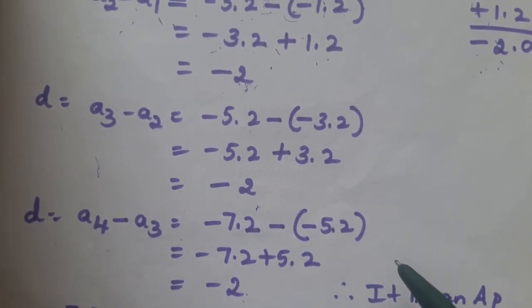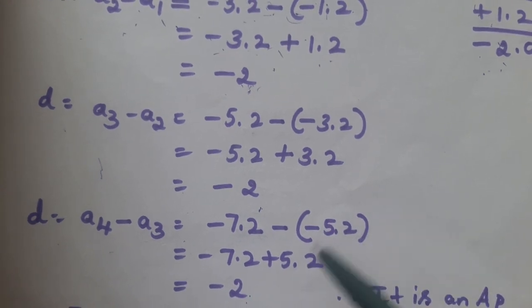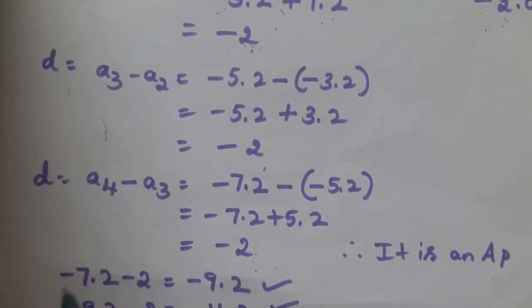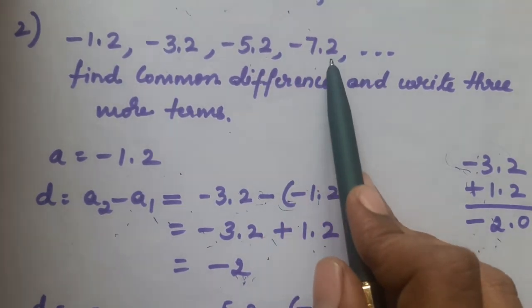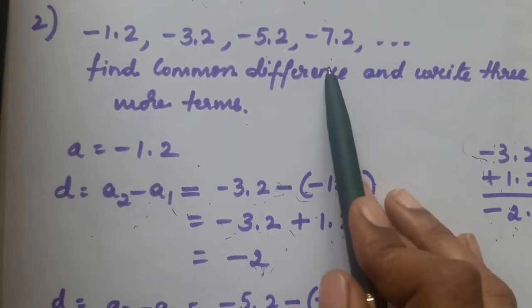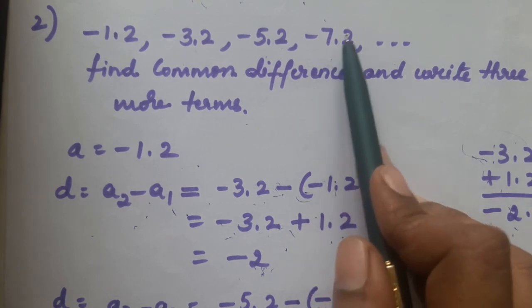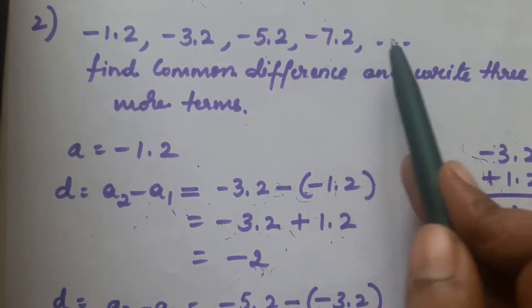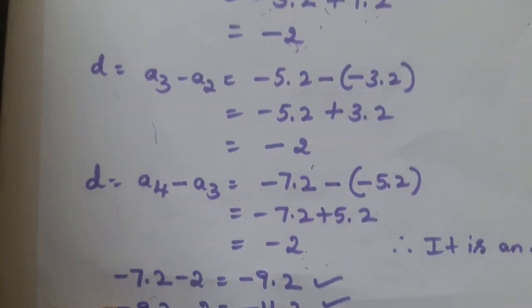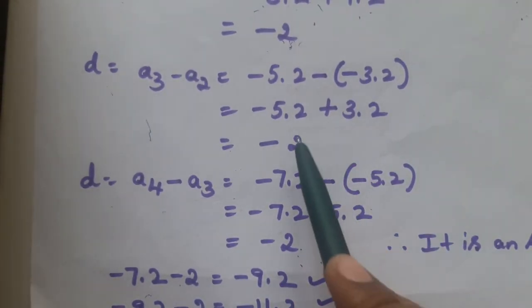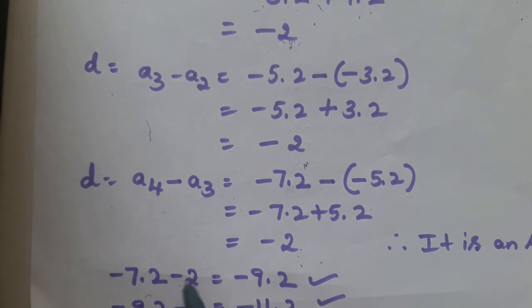Now next, what do we have to do? We have to find the next three terms. How to find them? The last, fourth term is minus 7.2. To this we add the common difference to get the next term. The common difference is minus 2, so minus 7.2 minus 2 is minus 9.2.